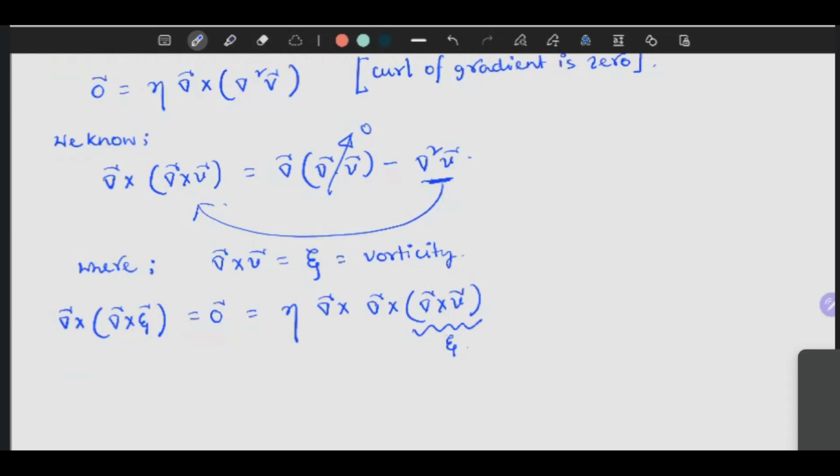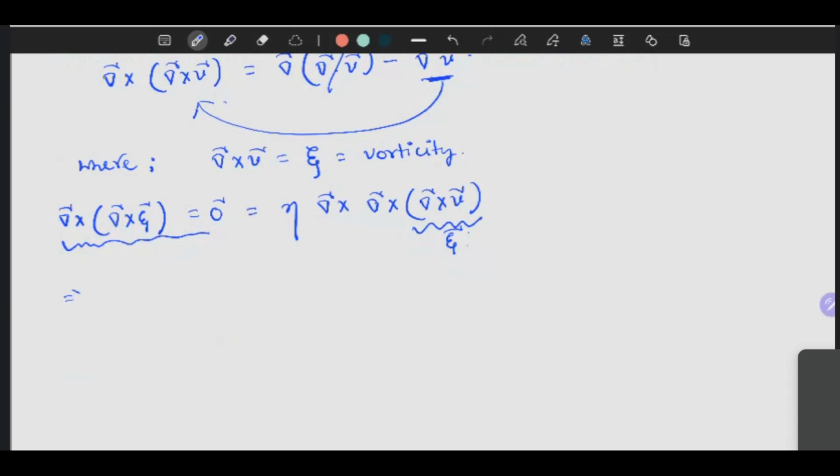Now from this we can easily write gradient of divergence of vorticity minus Laplacian of vorticity is equal to 0.